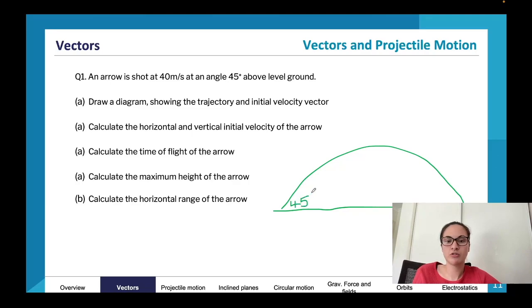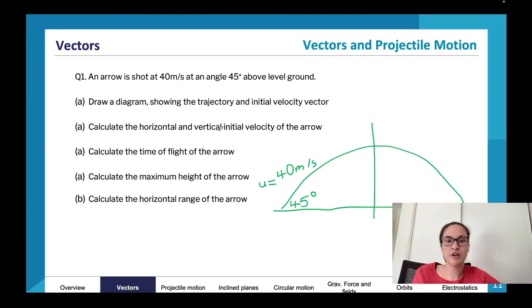And the initial velocity, so just a u, because they're not giving us a vertical or a horizontal component, is 40 meters per second. And then this is kind of like the halfway point where it starts going the other way.